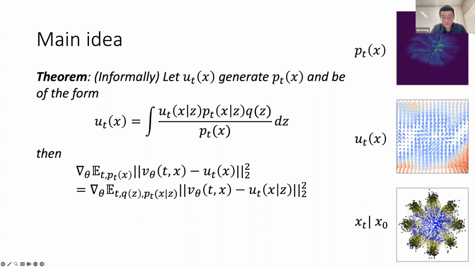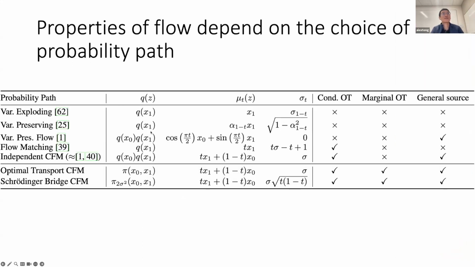So I'll just flip forward to this table. Basically, you can choose q(z) to be many things. The original flow matching paper, for instance, just chose q(z) to be data, and the flow going back to Gaussian. So this mu_t(z), we need to talk about this a little more.